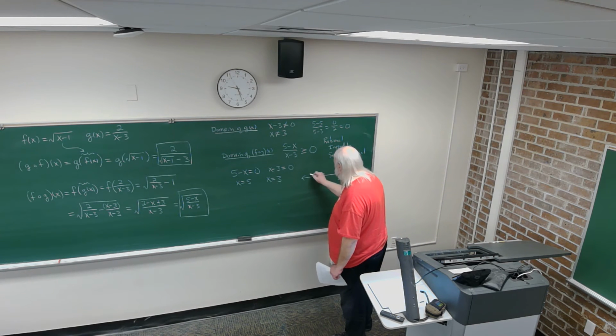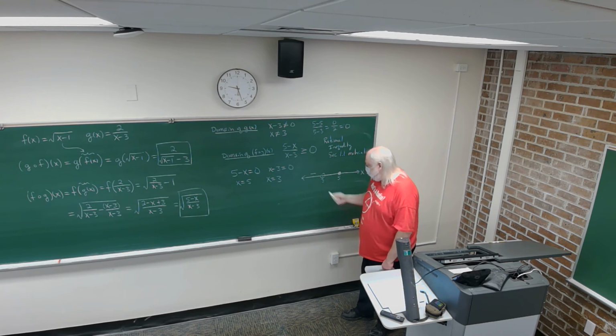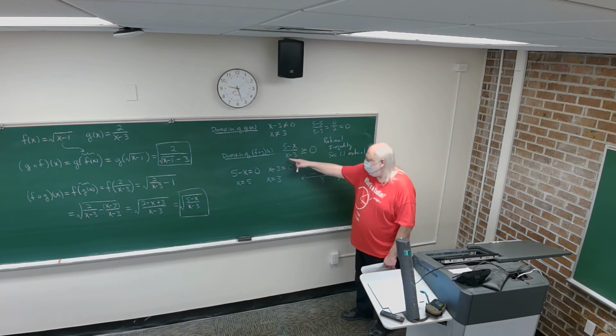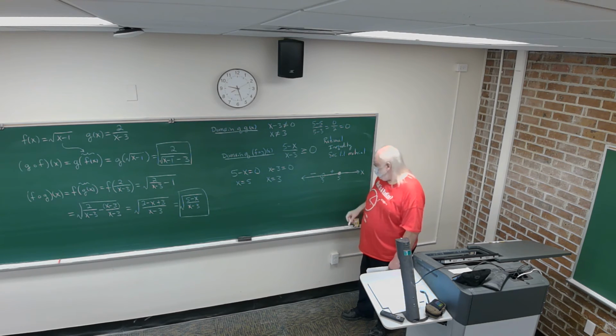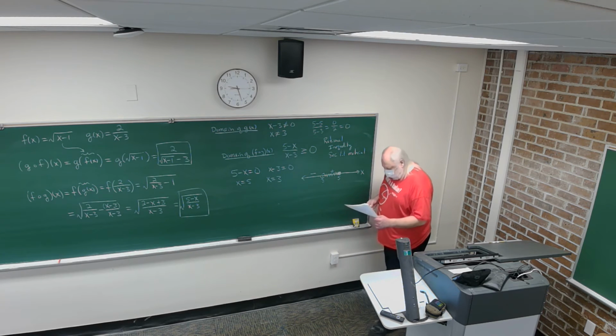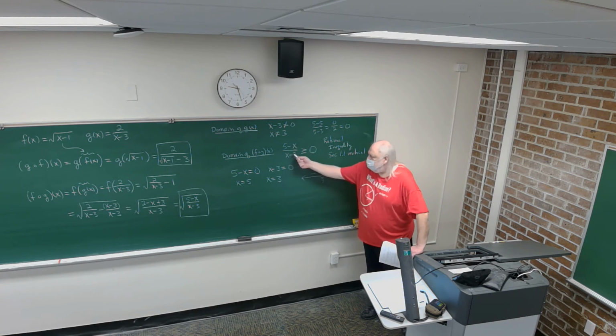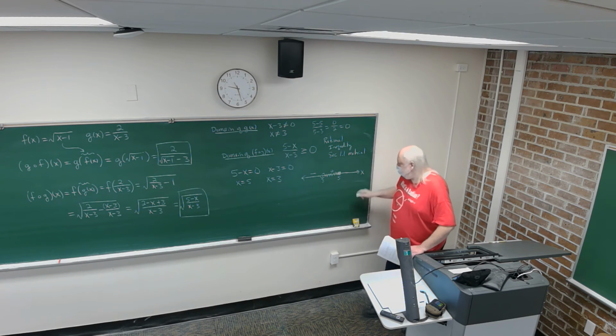using numbers less than 3 made the left-hand side over here less than 0. So they didn't work. When I used numbers between 3 and 5, greater than 3 and less than 5, they made the left-hand side over here greater than 0. So those numbers work. And when I use real numbers greater than 5 for x over here, the left-hand side was less than 0.